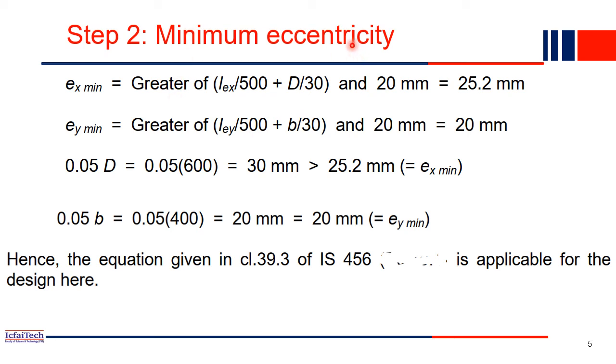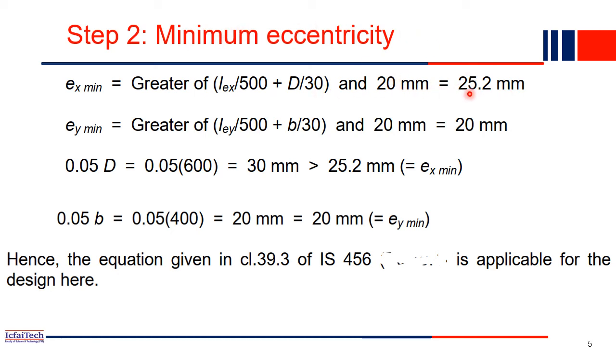As I mentioned, all columns should have a minimum eccentricity, right? So e_x min is the greater of the two values from the formula we got from IS 456. If you compute it, you will get 25.2 mm or 20 mm. Whichever is greater, that we have to consider as the minimum eccentricity.